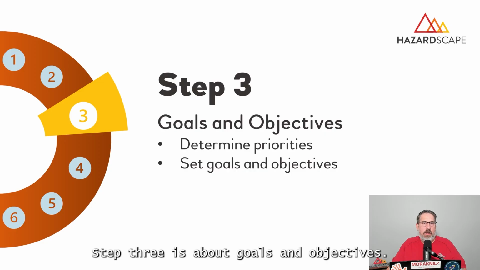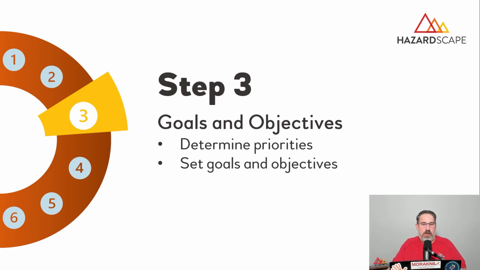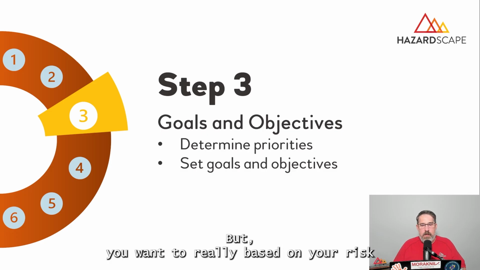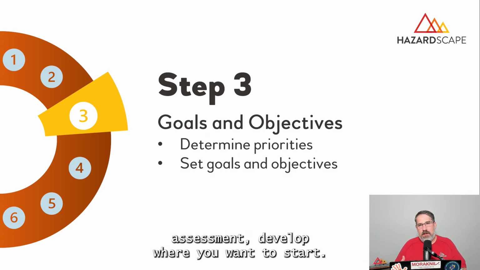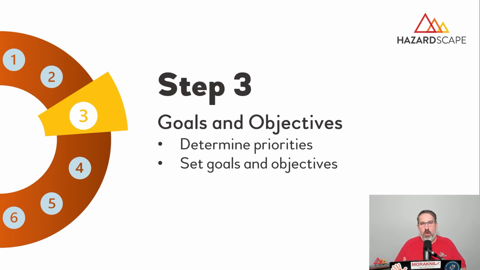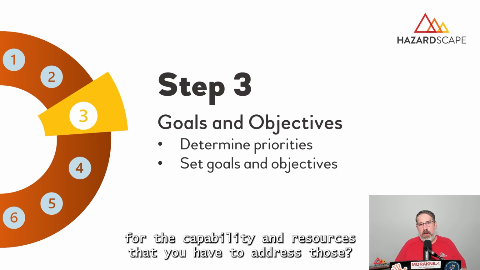Step 3 is about goals and objectives. You've probably heard of SMART goals, things like that, but you want to really, based on your risk assessment, develop where you want to start. So what is the highest risk in your community? Where do you need to start planning for the capability and resources that you have to address those?